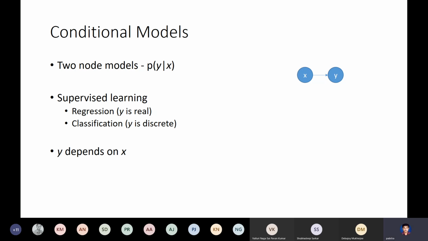So let's say I can observe only the temperature, I don't have an instrument to observe the humidity. But I'm interested in humidity, I'm interested in the Y part also. Why I'm calling it a two node model is because I'm dividing the set of variables that describe a system into two parts.